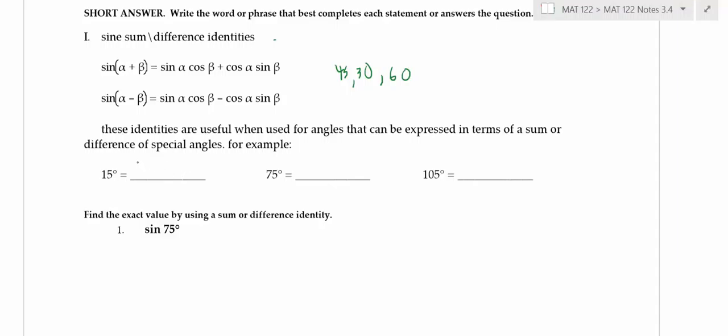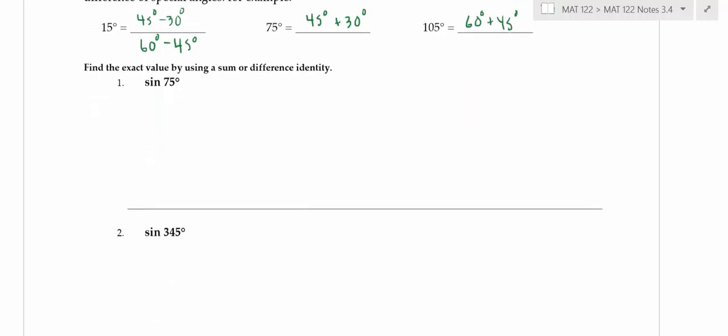So 15 degrees could be written as 45 degrees minus 30 degrees is one possibility, or it could be written as 60 degrees minus 45 degrees. 75 degrees, what comes to my mind is 45 degrees plus 30 degrees. And what comes to my mind on 105 is 60 degrees plus 45 degrees. So just like when you're dealing with the cosine identity, you have to look for the right kind of combinations on these things.